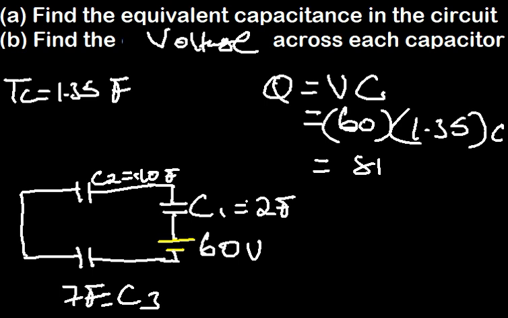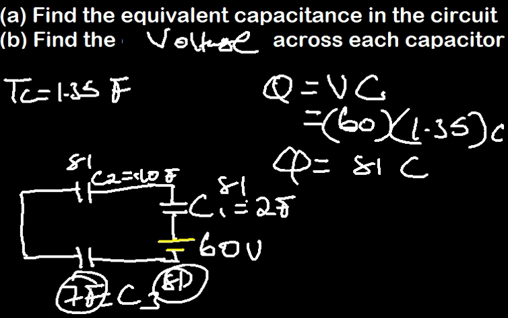So 81 is the charge being stored at each and every capacitor in this circuit. So here 81, and also here 81, and also here 81. Then, since we have the charge and also the capacitance, we can find the voltage across each capacitor.